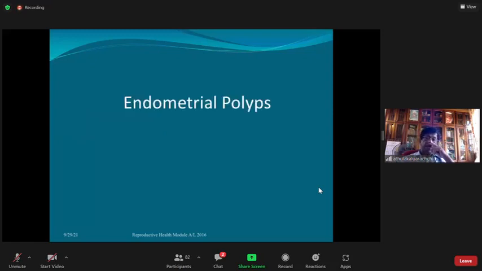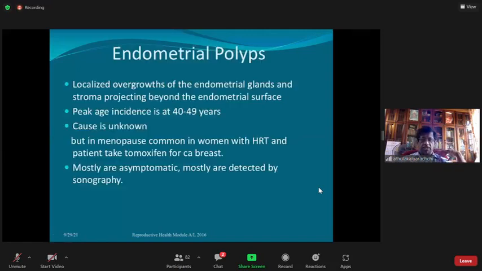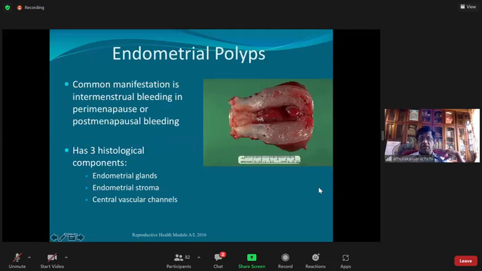Okay, then very quickly, with the little time we have, the other benign tumor that we talk about is endometrial polyps. They are just small growths into the endometrial cavity, and they can produce various symptoms. Very often they produce intermenstrual vaginal discharge or bleeding in between your periods.